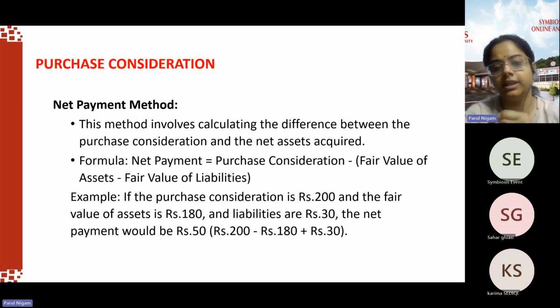So that is net assets. Then you compare that net assets with the purchase consideration. Okay, so that will become your net payment. So you can see if the purchase consideration is 200 and the fair value of assets is 180 and liabilities are 30, what is net assets? 180 minus 30, that is 150. So purchase consideration 200 minus 150, that will be 50 rupees.